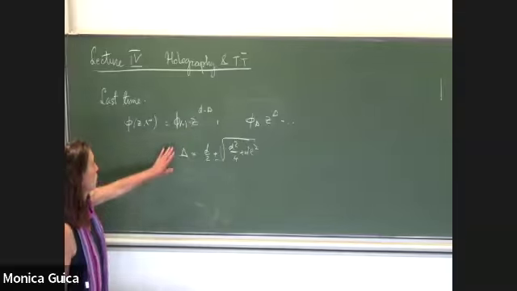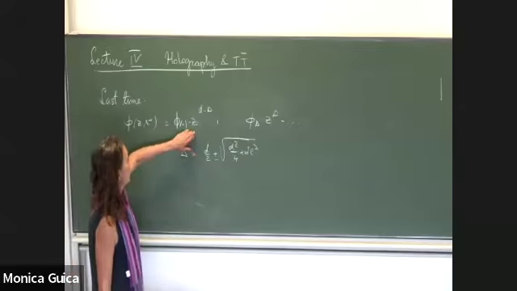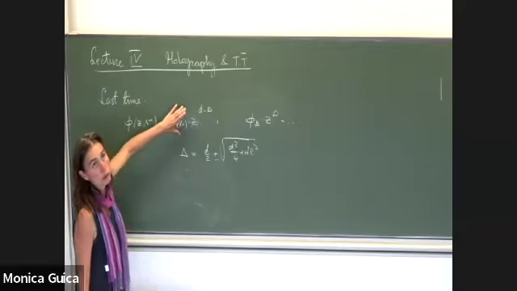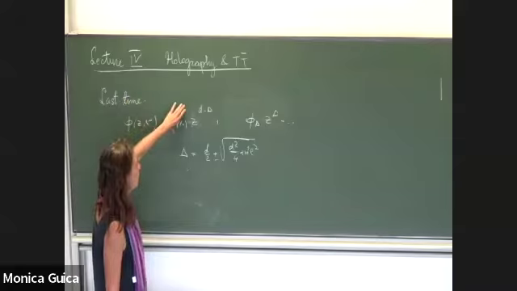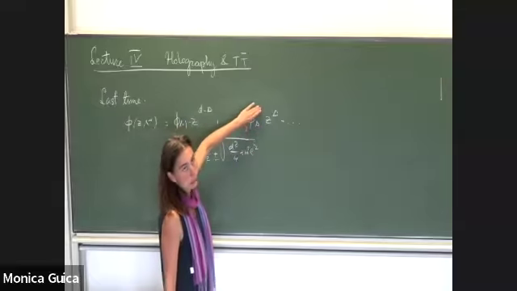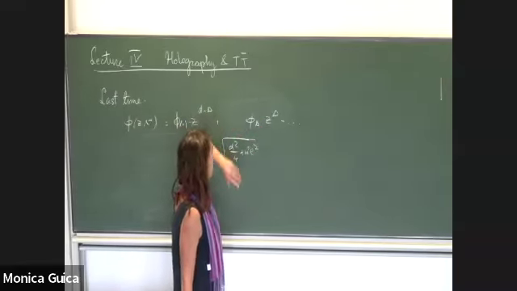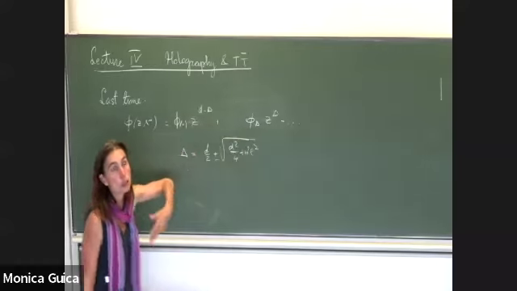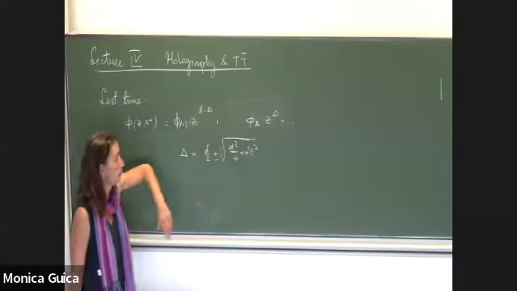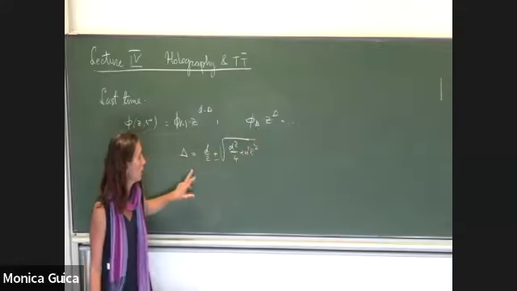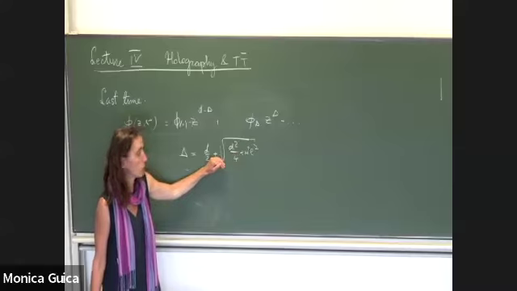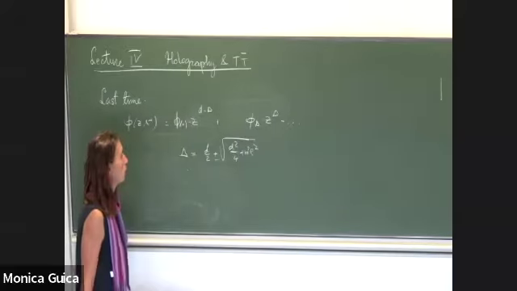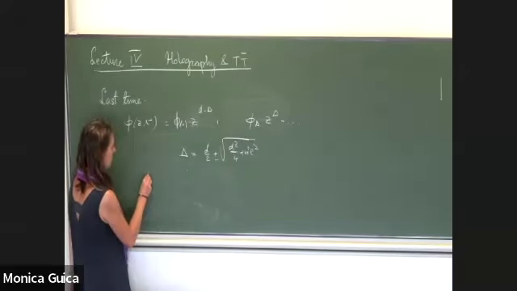Normally this is the non-normalizable mode, and its coefficient corresponds to the source for the dual operator in the CFT, whereas this is the normalizable mode, and its value represents the expectation value of the corresponding CFT operator of dimension Delta, which is related usually to the mass of the bulk field via this relation. So that's the standard quantization.